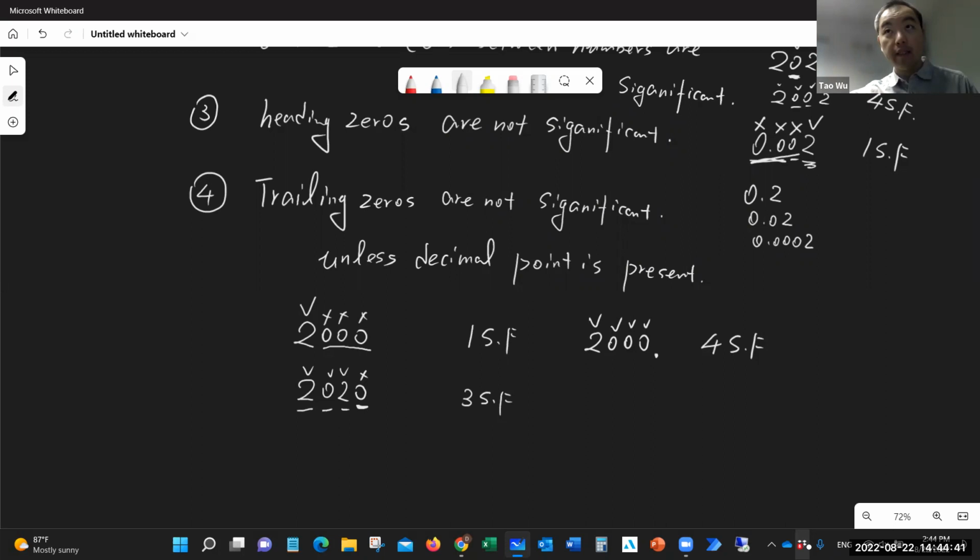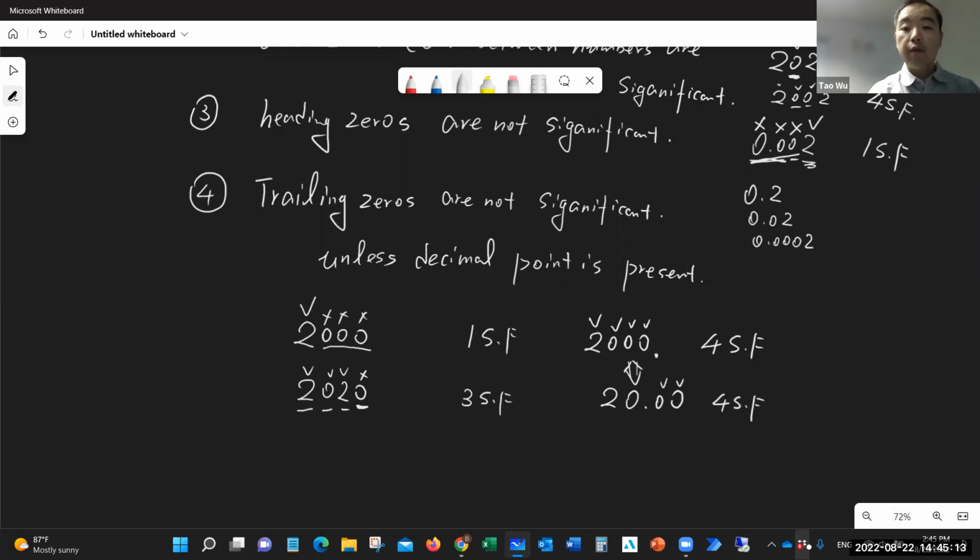If you have a dot in the middle, like 20.00, those zeros also count as sig figs. Obviously those two are not equal to each other, right? This is 2000, this is 20. So those are two different numbers, but they have the same number of sig figs. So this has 4 sig figs, and this number also has 4 sig figs.